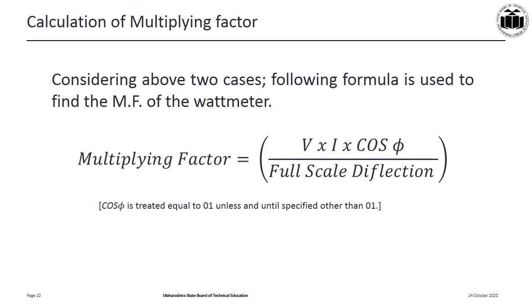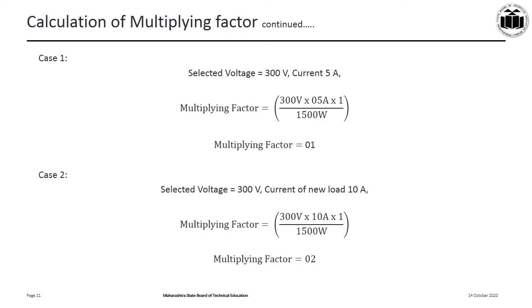Thus multiplying factor, that is MF, is calculated by using the formula V into I into cos phi upon full scale deflection. Generally, unless specified otherwise, the value of cos phi is to be considered as 1. For case 1, the wattmeter is connected for 5 ampere and 300 volt.